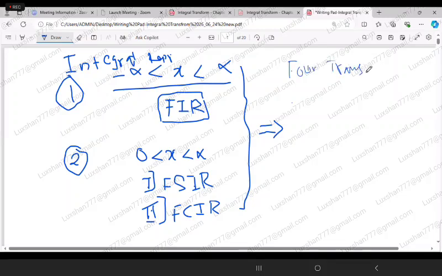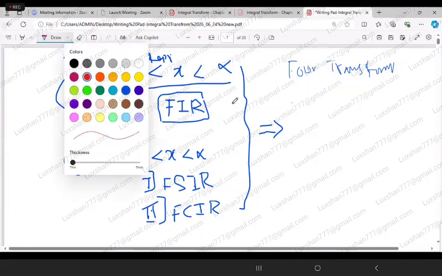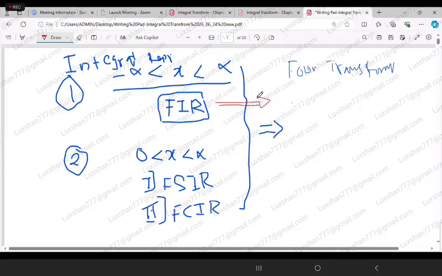From the complete form we had the Fourier complex transform.